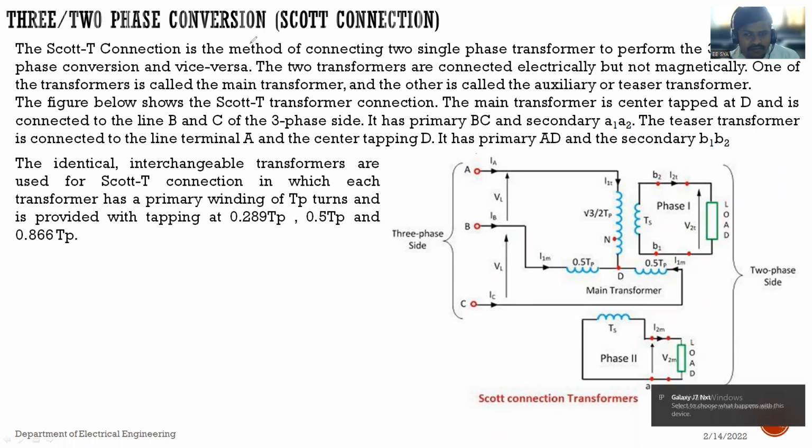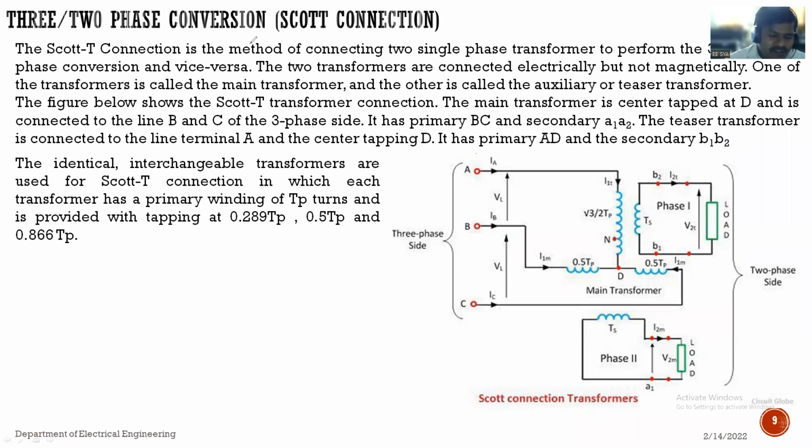Okay, see, first of all understand the transformer. A transformer has a primary winding and a secondary winding. If we consider a single phase transformer, it needs a primary winding and a secondary winding.